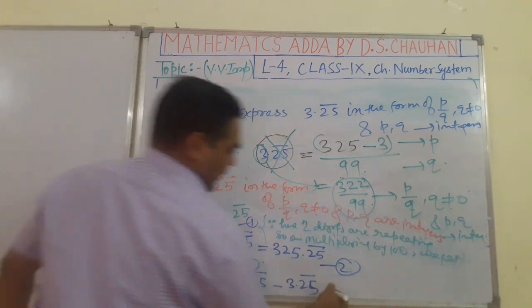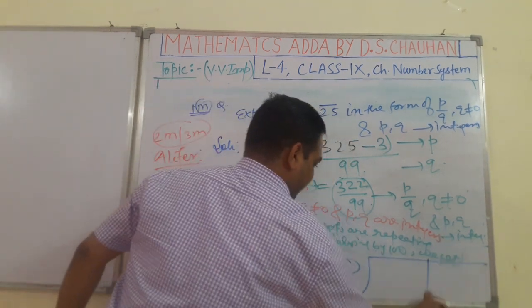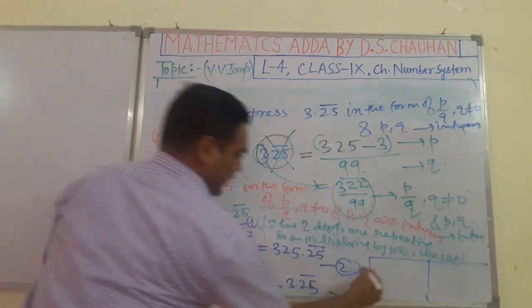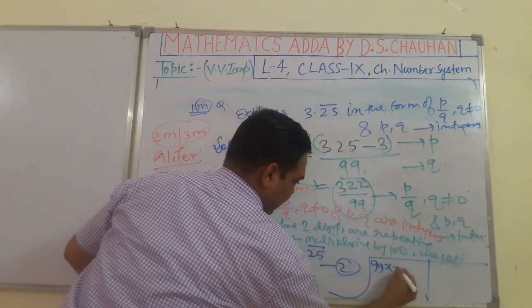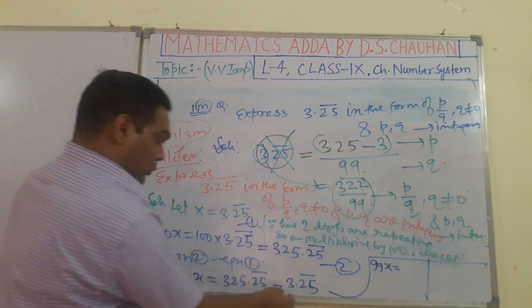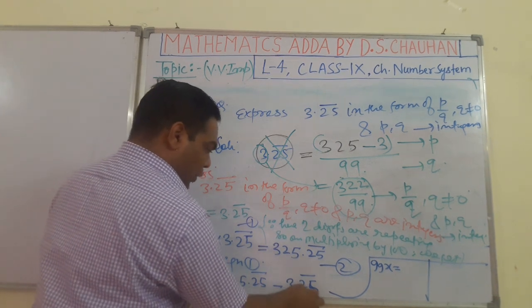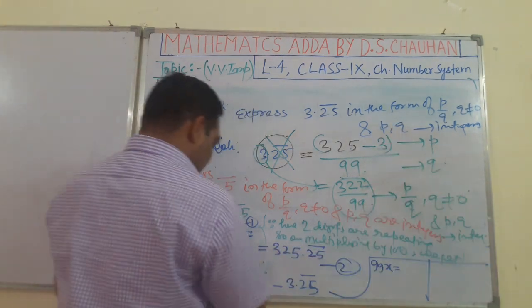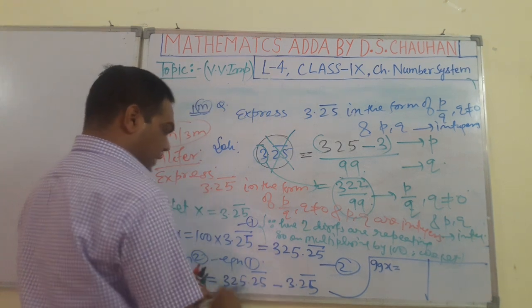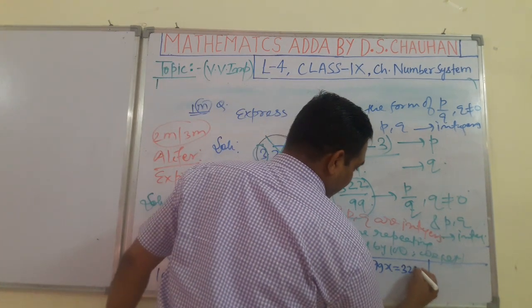Try to understand. 100x minus x is 99x, and as you subtract, 0.25 bar gives 0, and 325 minus 3 gives 322.